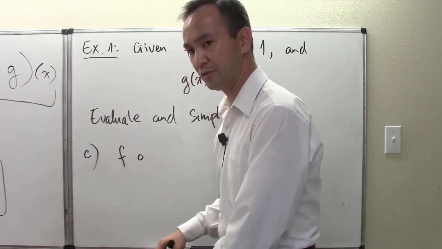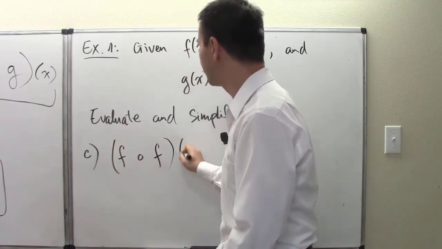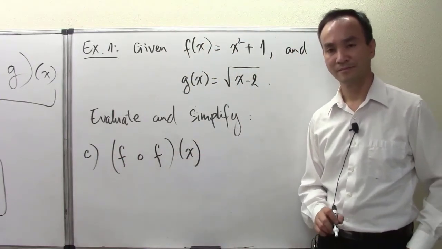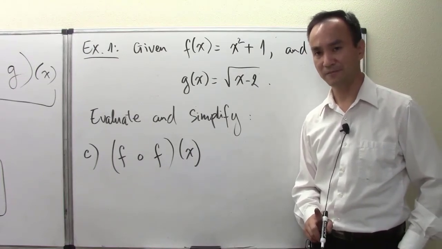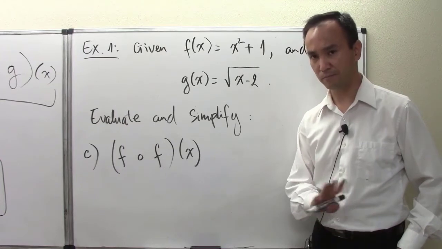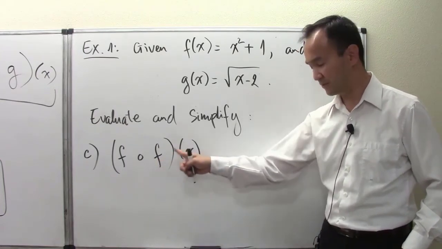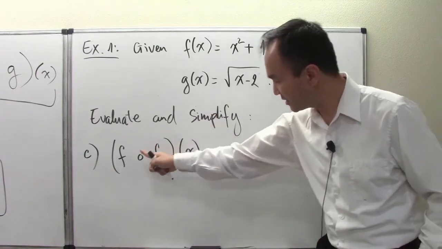F circle, or F of... All right, hopefully you've had enough time to think it through. So once again, read it out loud. What does this say?